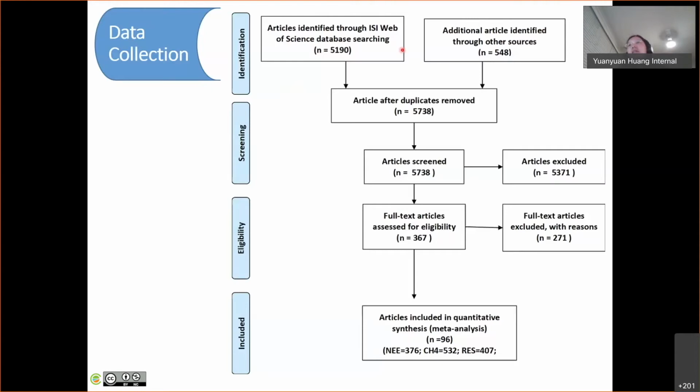In the end, we got around 400 data points or studies for carbon dioxide and around 500 studies for methane. It's relatively a small data set compared to quite a lot of classical machine learning studies. But for this type of experiment, the manipulation experiments, it's really already a decent number of studies.